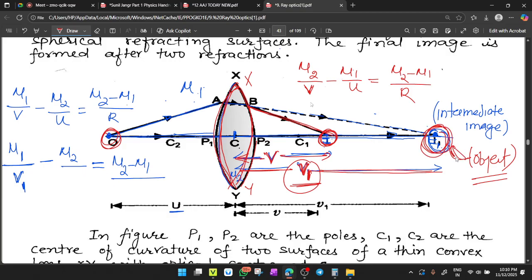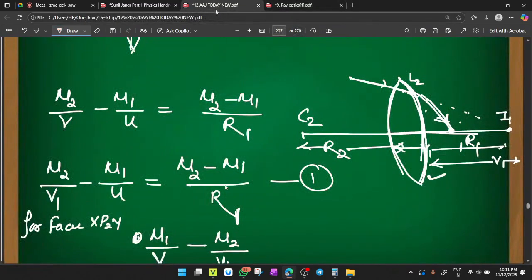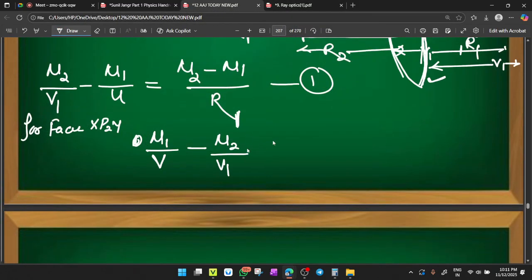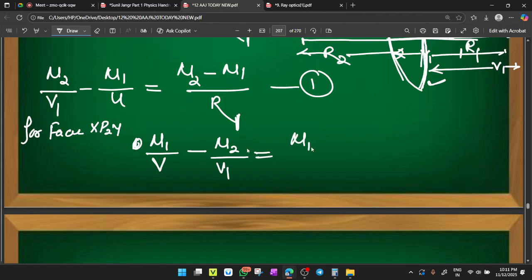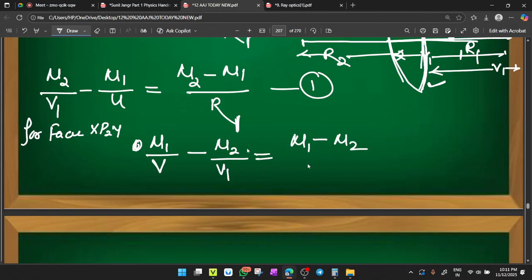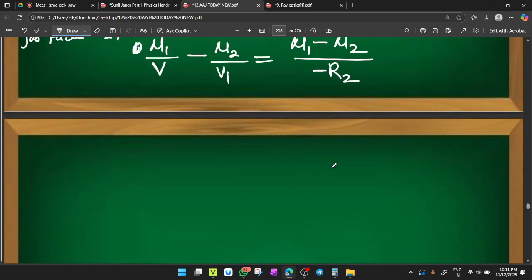So this behaves like an object. In the place of u, you have to place V1. Clear or not clear? This behaves as a virtual object, so you have to place V1 here. And finally, again interchange: mu1 minus mu2 upon the radius of curvature R2, and R2 is on the negative side, so you have to place it as minus R2.